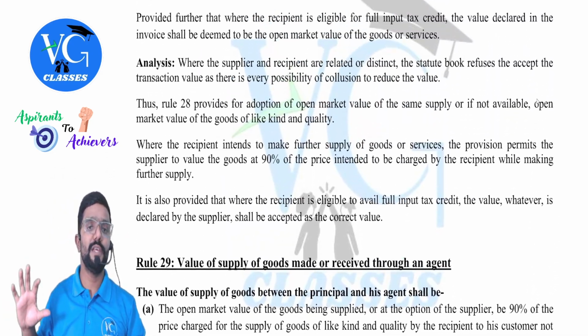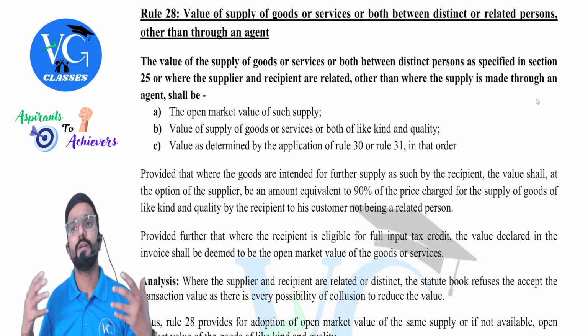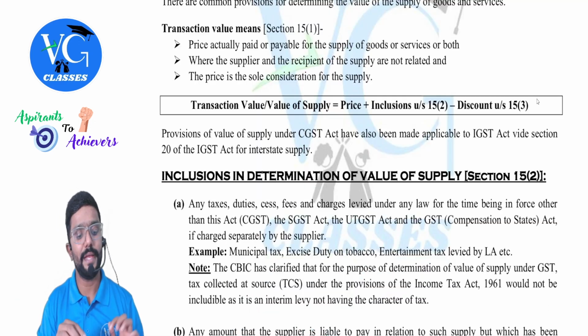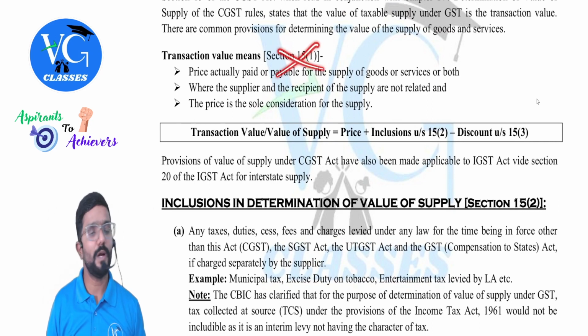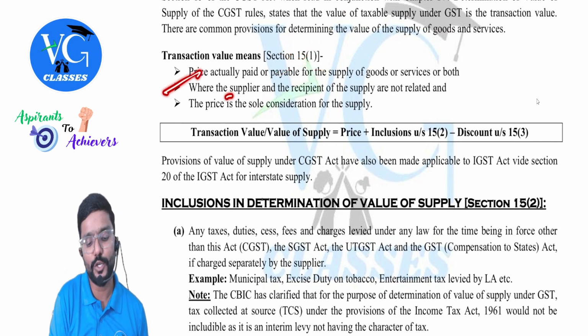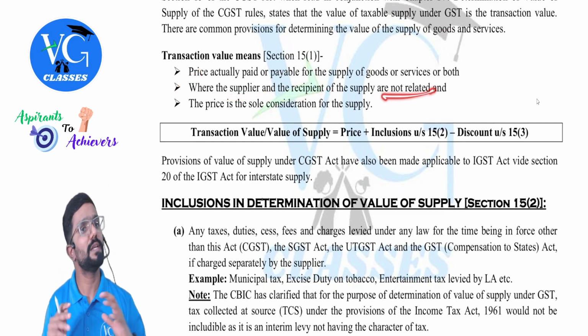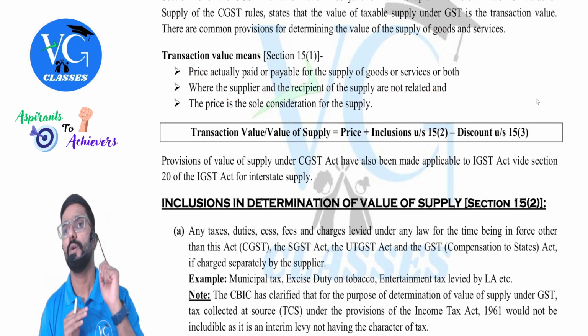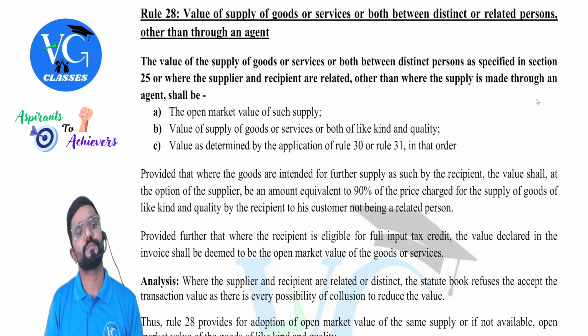So if there is any supply between related persons or distinct person, can we apply section 15 subsection 1? No, not possible. Why? Because one of the condition told supplier and recipient should not be related. Should not be related in the sense they should not be distinct person also.